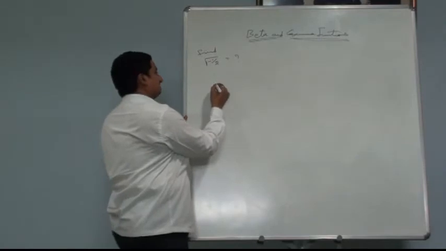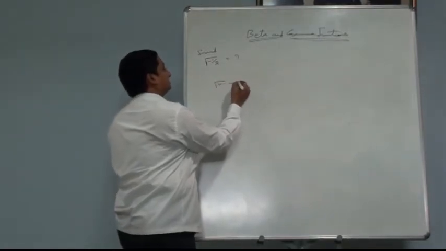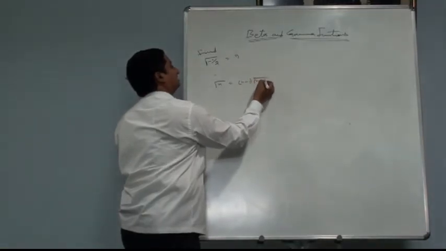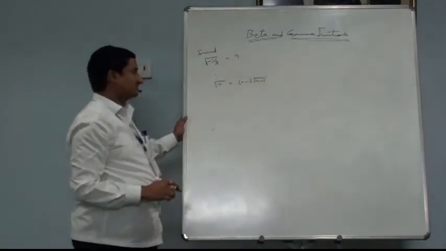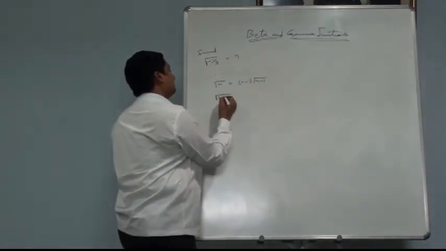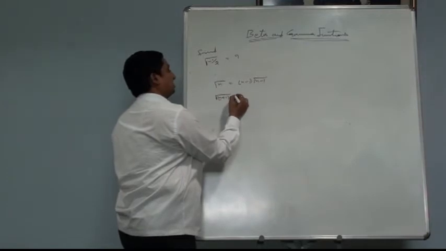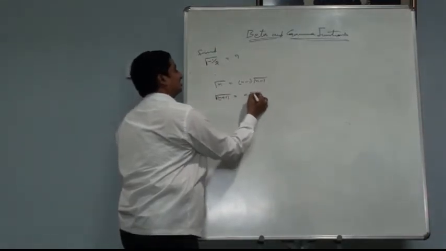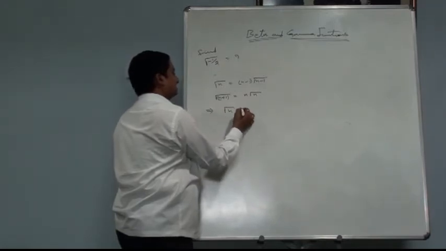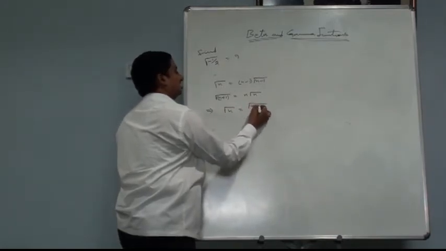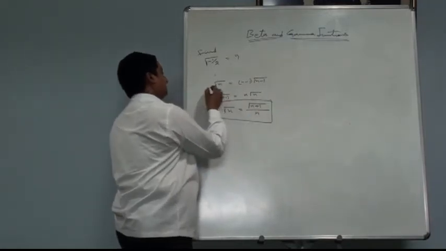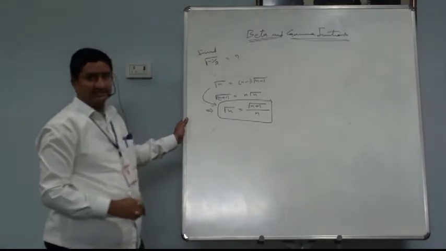Now if I use this relation, gamma n is equal to (n minus 1) into gamma (n minus 1), it may go to negative values. So what we do, I am taking the equivalent formula gamma (n plus 1) is equal to n into gamma n. Now this implies gamma n is equal to gamma (n plus 1) by n, and this is similar to the above case. This is derived from the above recurrence relation only.